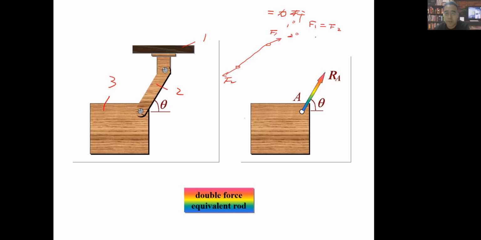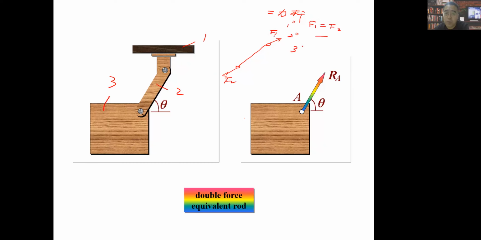Opposite direction, right? I will not write it here. And third, they are collinear. They have a common line of action, or application line, right? So this is all 2D are about.